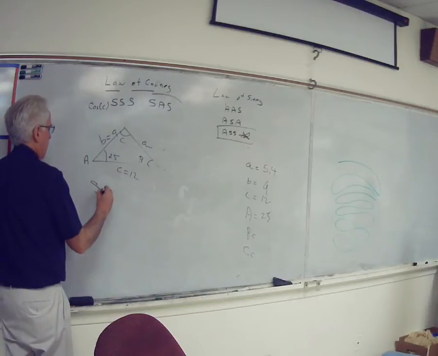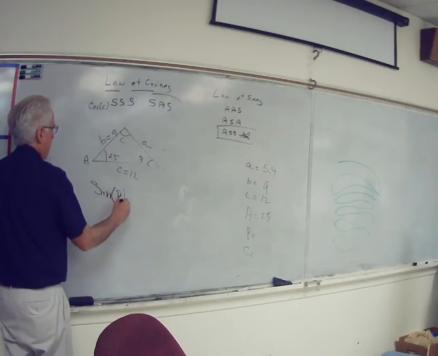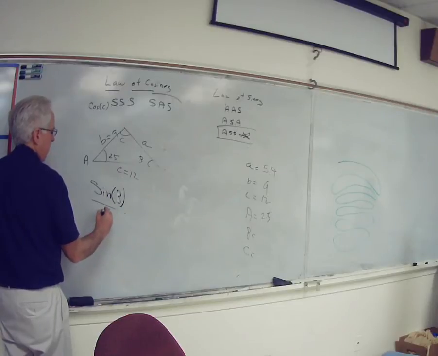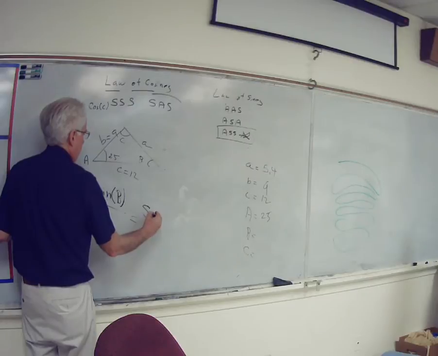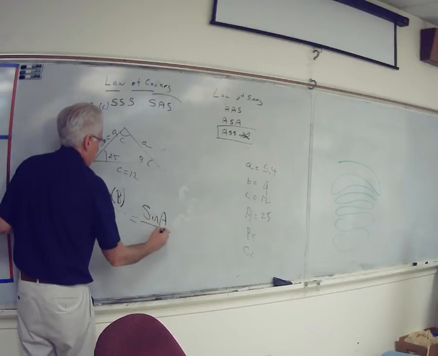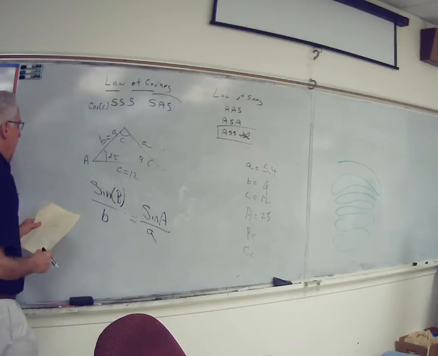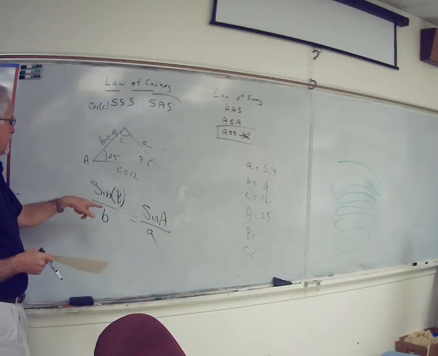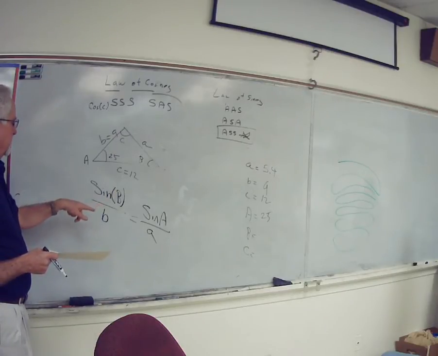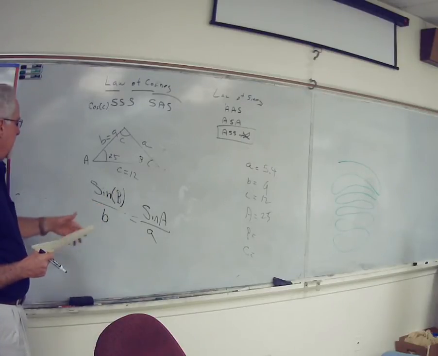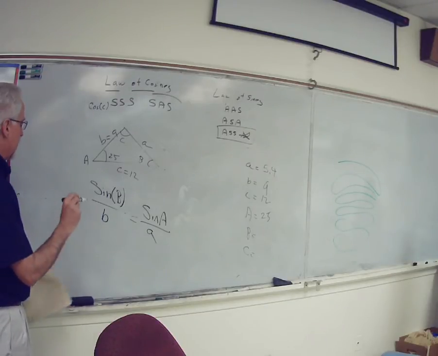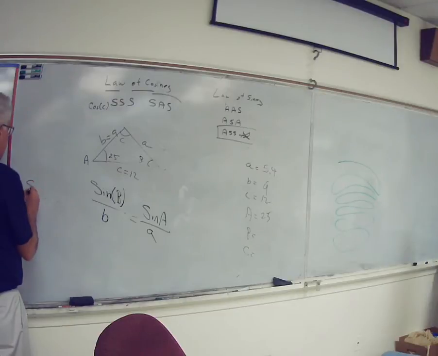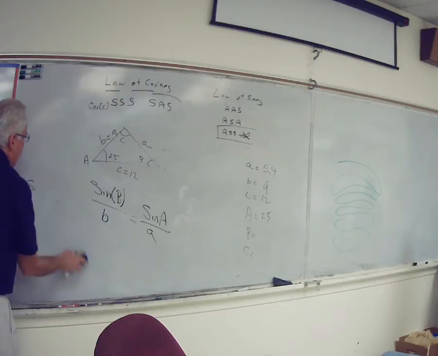So sine of big B over little b is equal to sine of big A over little a. And what are we trying to get to? We're trying to solve for big B. So what are we going to do?